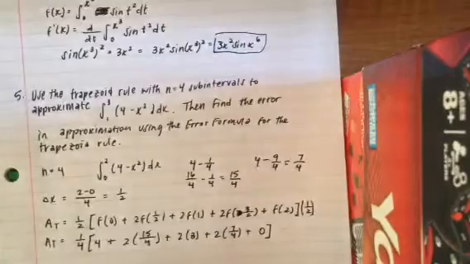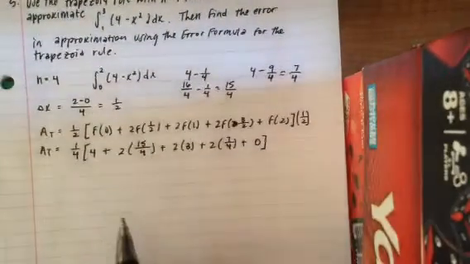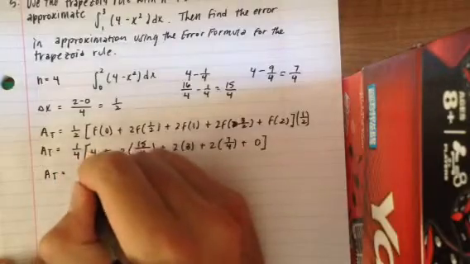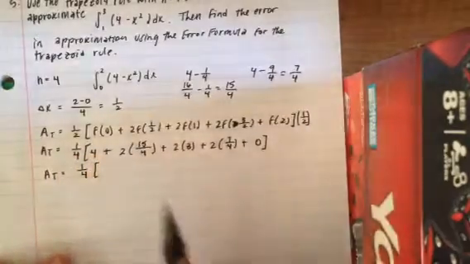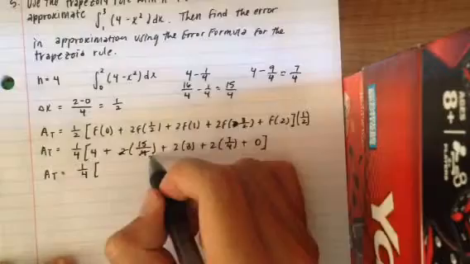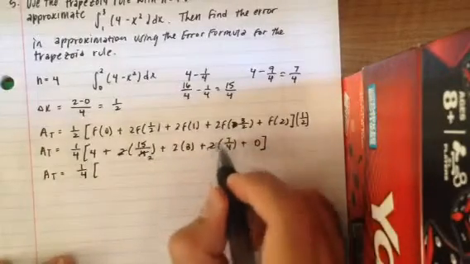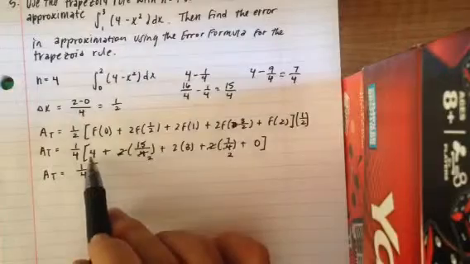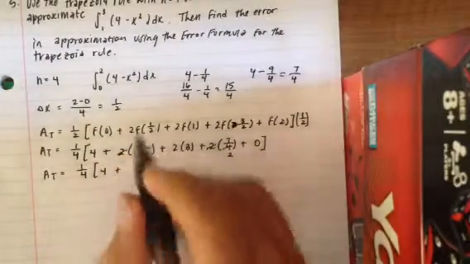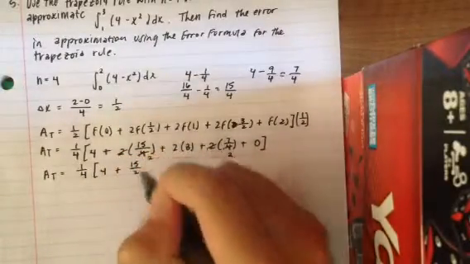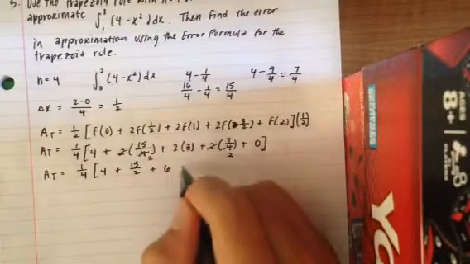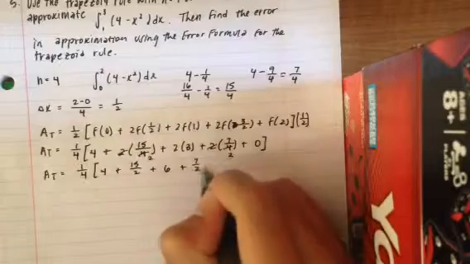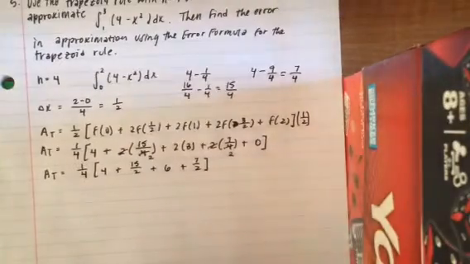So now I have to add all that up, multiply it times a 4, so A T will equal 1/4 times, these will cancel to get a 2 on the bottom, same with these. So I'll have 4 plus 15/2 plus 6 plus 7/2, and then the 0 is gone.